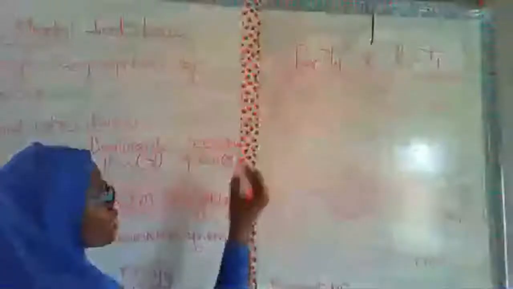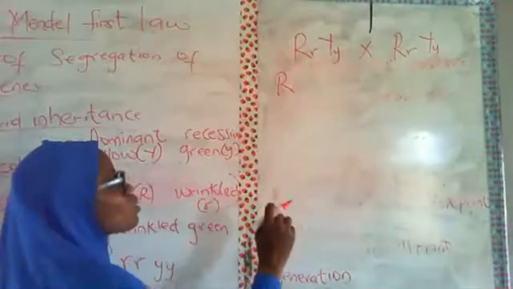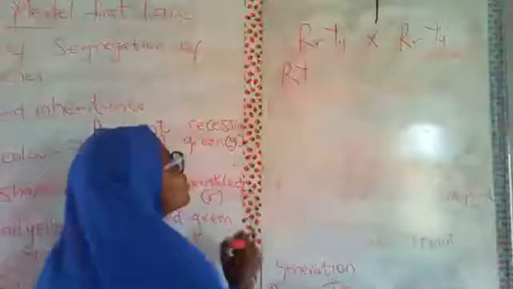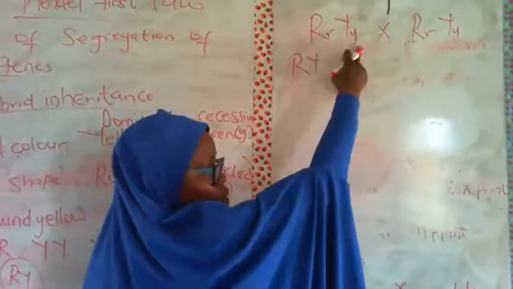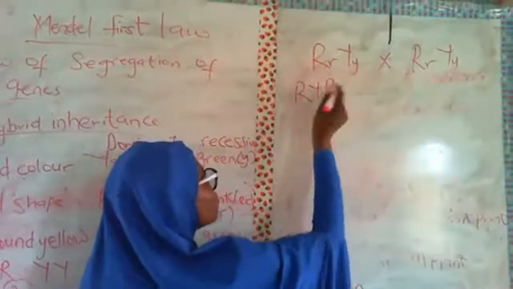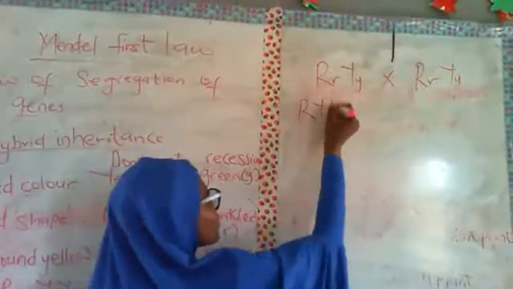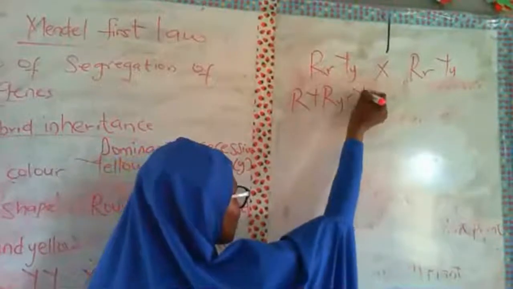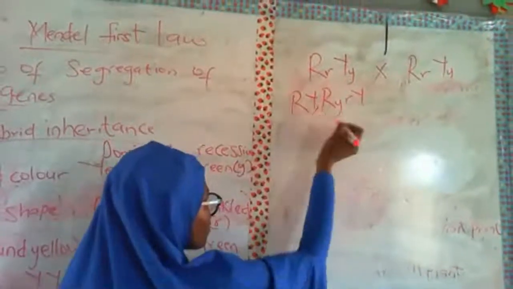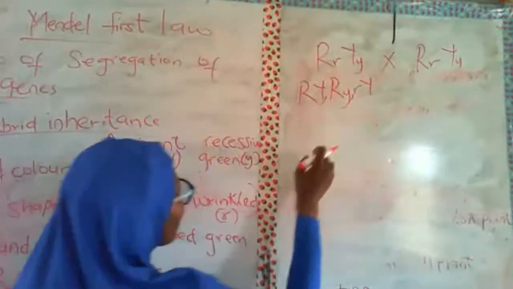So when he was forming his gametes, he said R, meaning the round, can stay with either the round yellow, then it can also stay with the round green. Capital letter R, so this is one allele. Then capital letter R, small letter r, small letter r, capital letter R. Let me put this so that you will see the difference. Then that is how he did it.